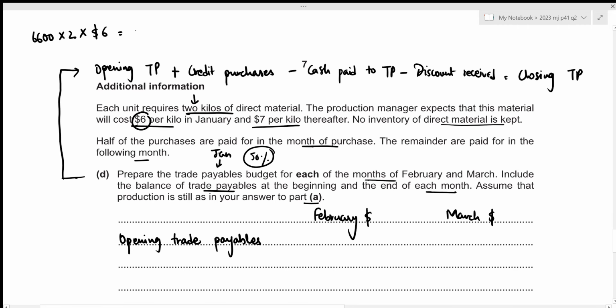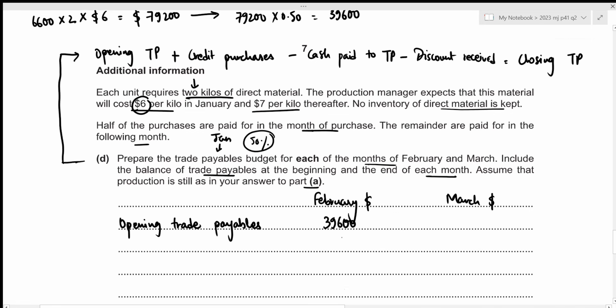This results in the total cost of purchases of raw materials for the month of February to be 79,200. Now out of this, 50% will act as our opening trade payables for February. So that's 79,200 times 50%, which results in the value of 39,600. And this is also the amount that will be paid in the month of February itself.